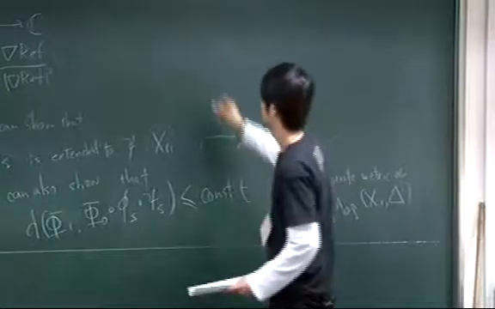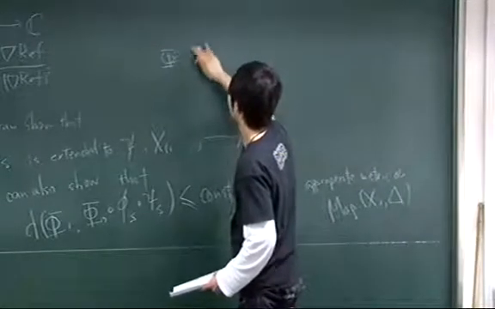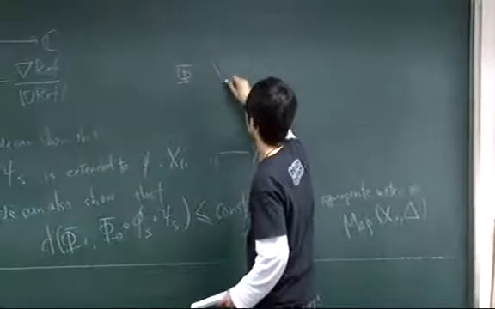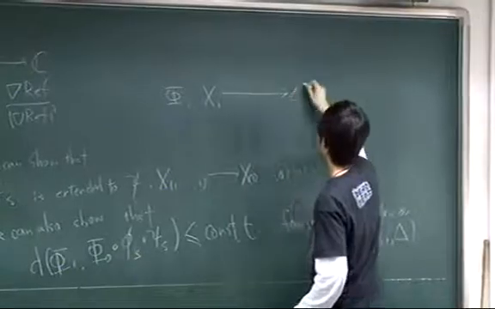Note that the phi 1 was a map from x1, which is a flag variety, to the momentum polytope.